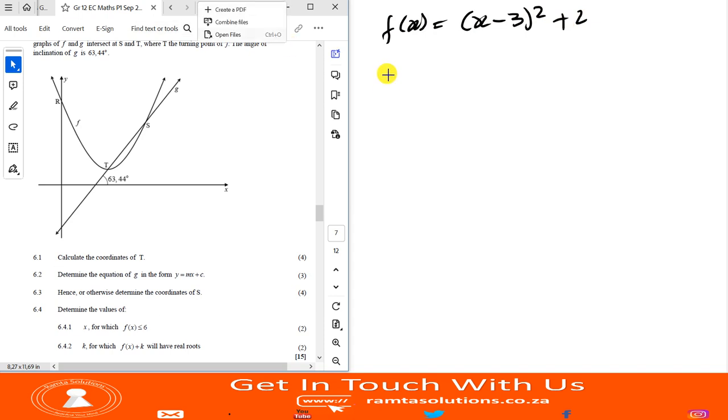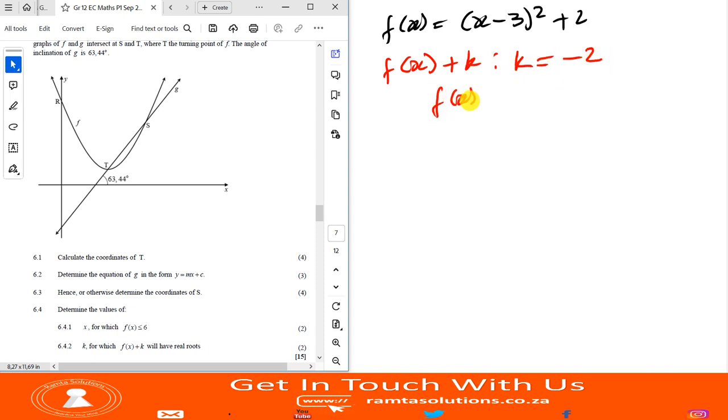Now, what happens when we shift it down, f(x) + k, let's say k is negative 2? It will be (x − 3)² + 2 − 2.